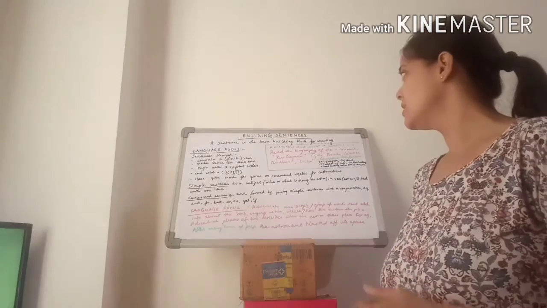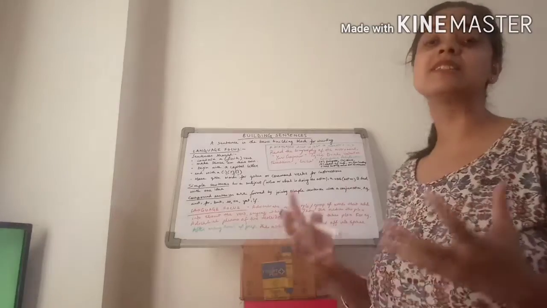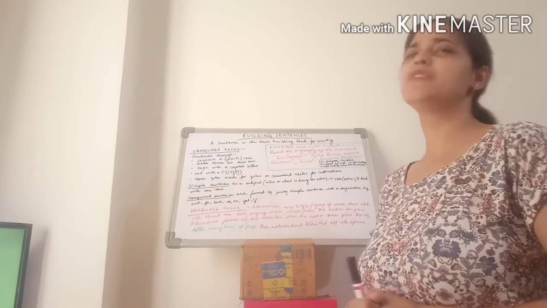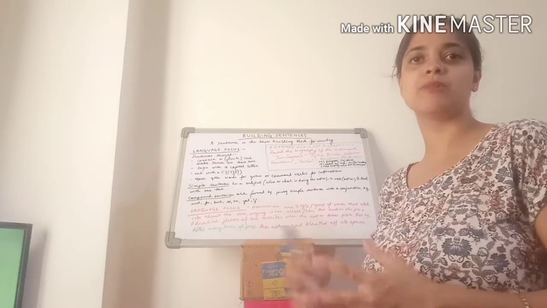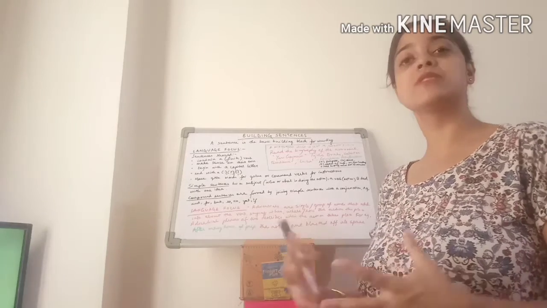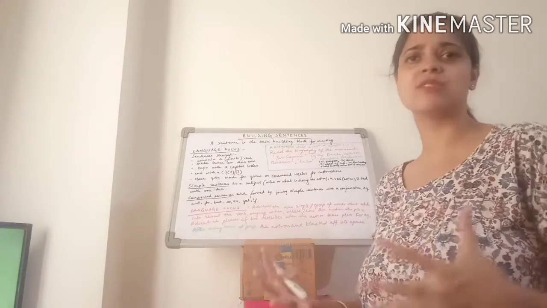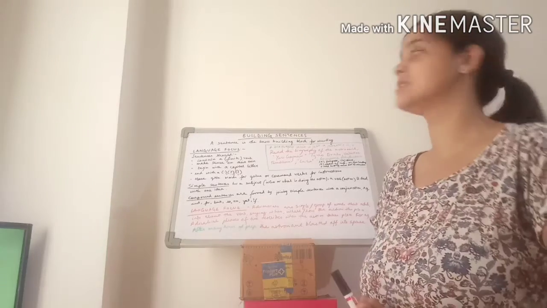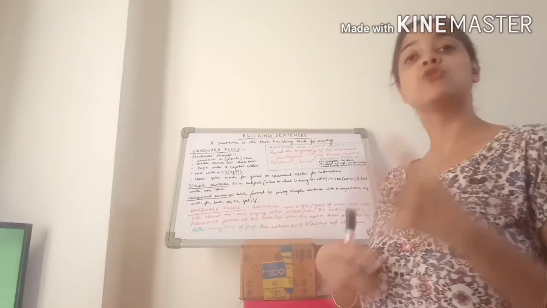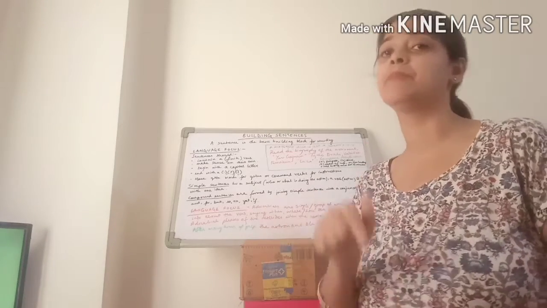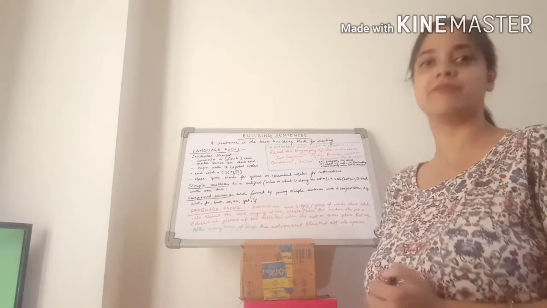A biography tells you about a person's life. Okay, so we find biographies written of some eminent authors, cricketers, musicians, artists in various fields. They are stories of that particular person's life, sometimes written by the person himself or herself.